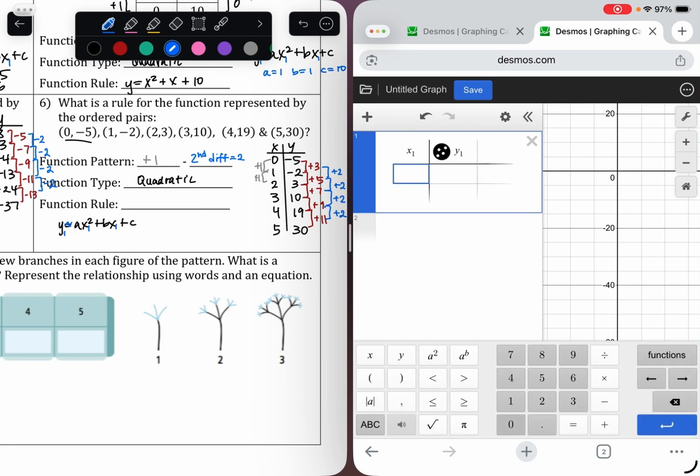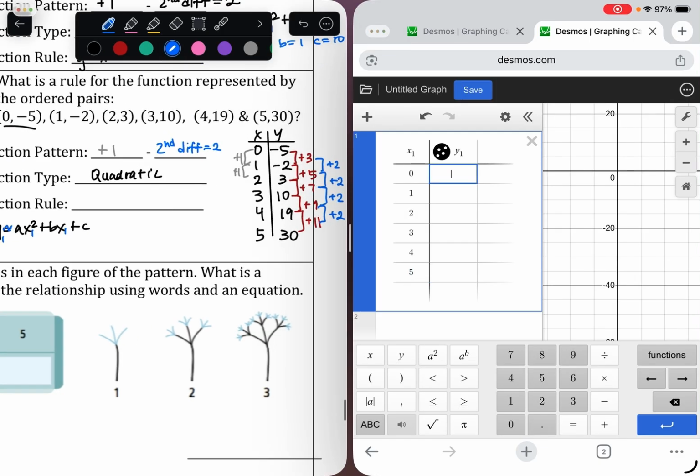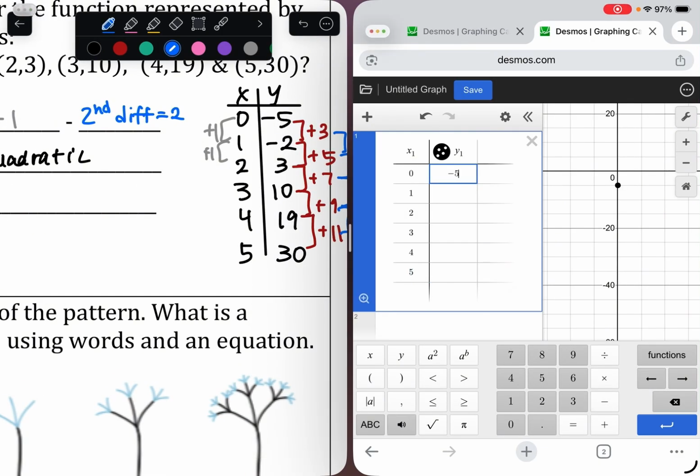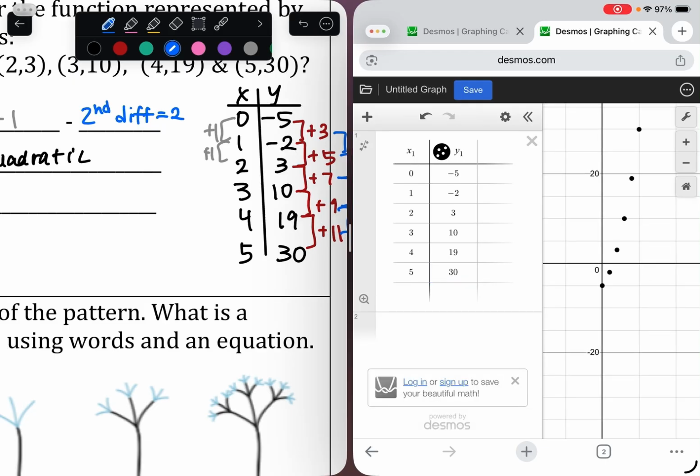Copy our table in here, 0, 1, 2, and it starts noticing what you're doing if it goes by ones. And then -5, -2, 3, 10, 19, 30. Okay, that's still looking kind of quadratic. It's making that curve.